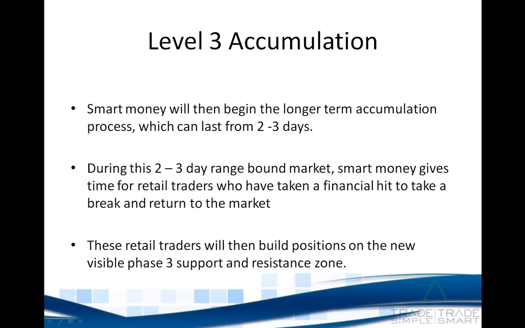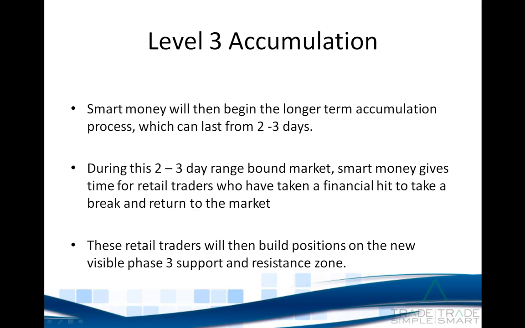Now, what will happen is the range, or the level 3 accumulation range, will create visible support and resistance levels, and we've seen evidence of this time and time again. So what do the retail traders do? They will build orders on either side of the zone.